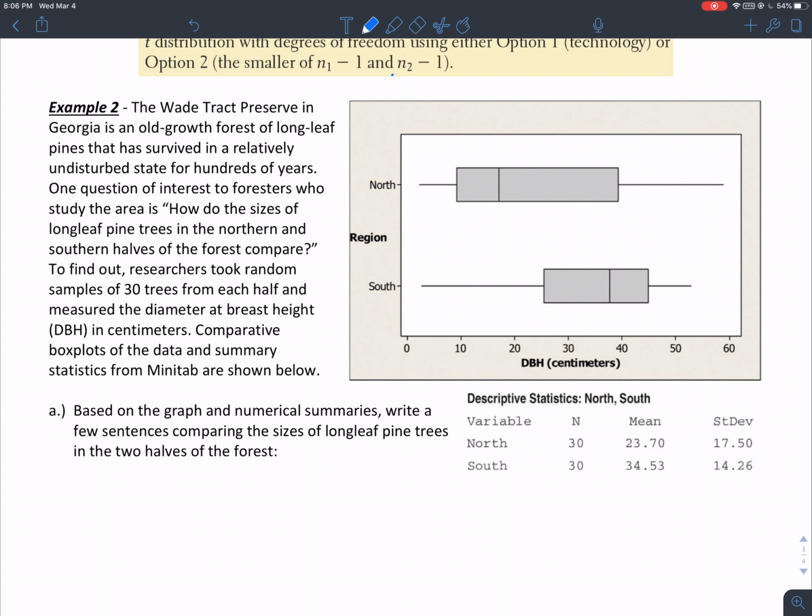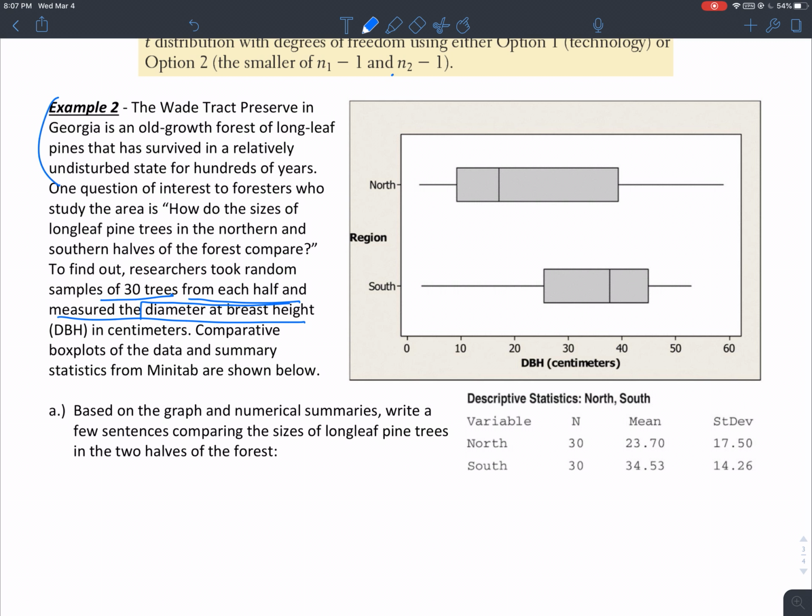One question of interest to foresters who study the area is, how do the sizes of longleaf pine trees in the north and the south of the forest compare? To find out, they took random samples of 30 trees from each half and measured the diameter at breast height.